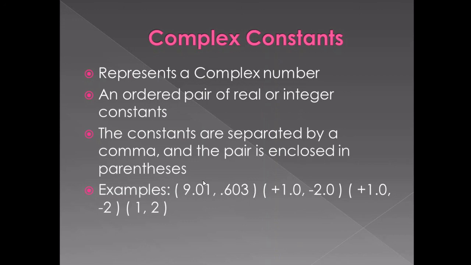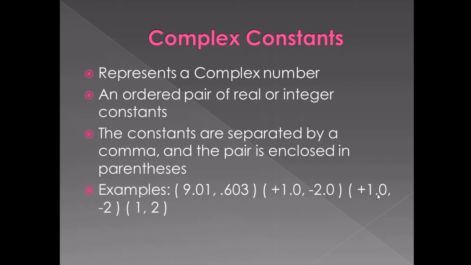So this is a real constant, and this also is a real constant. That's what we are talking about, an ordered pair of real or integer constants. This also, plus 1.0, minus 2.0. This means this is a complex number, 1.0 minus i2.0, of the form a plus ib.